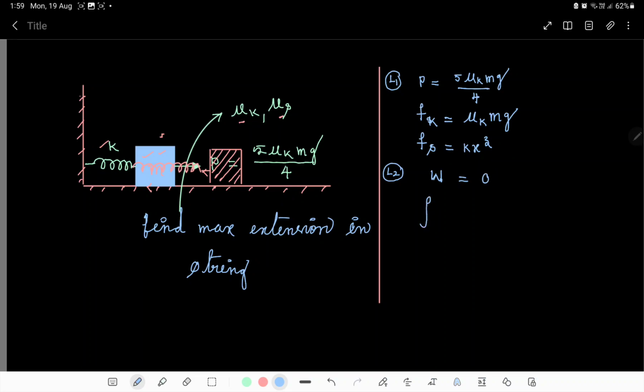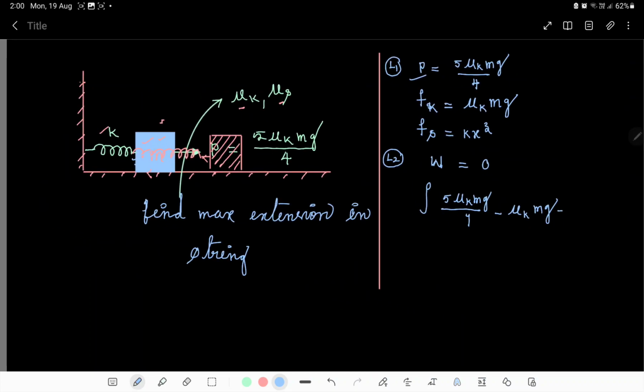Therefore the work done can be written as the integral of 5 mu k mg by 4, minus mu k mg, since the kinetic friction is acting in the opposite direction, minus kx cube, since the spring force is also acting in the opposite direction, into dx, equal to 0. We integrate from 0 to x.